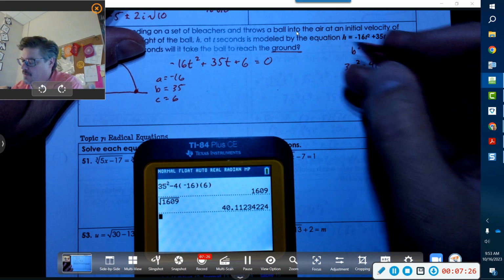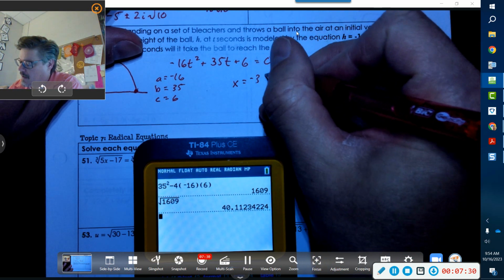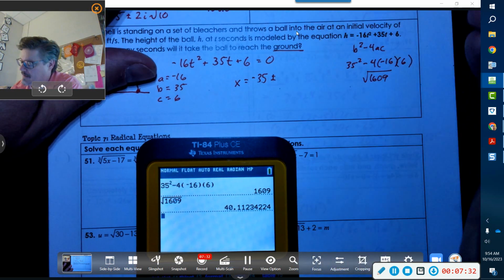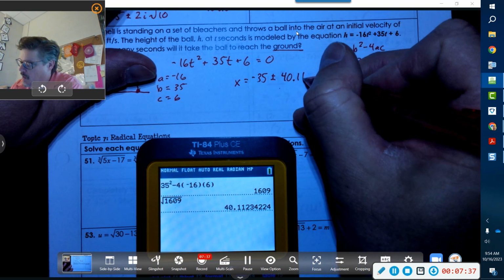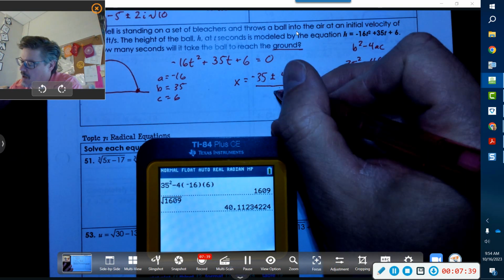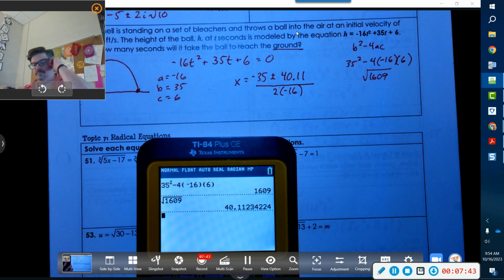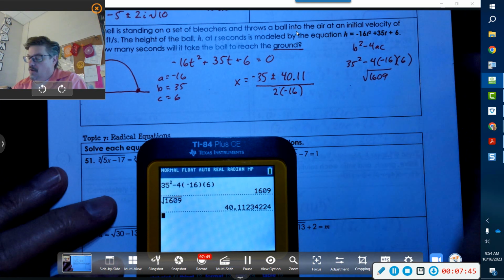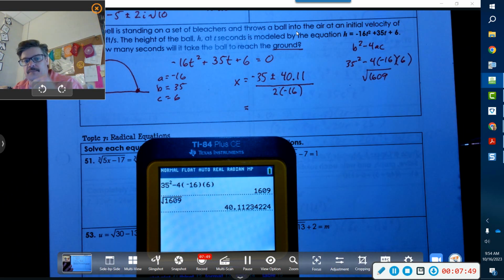All right. So x equals negative b plus or minus 40.11 divided by 2 times a. Okay. So let's see what we get here. We're probably going to get a negative answer, and then we're going to get a positive answer.